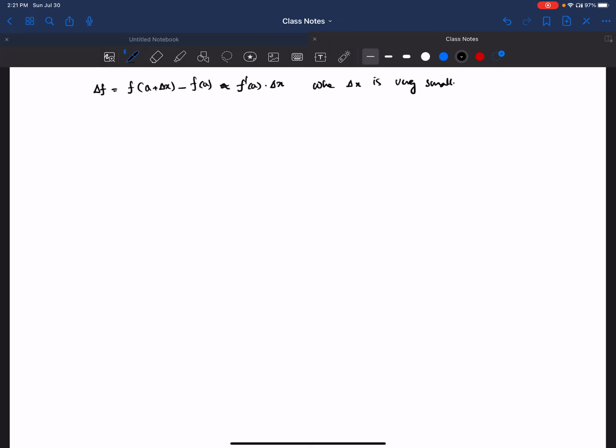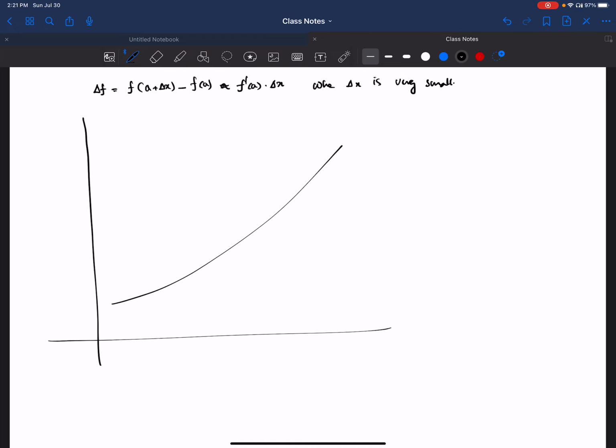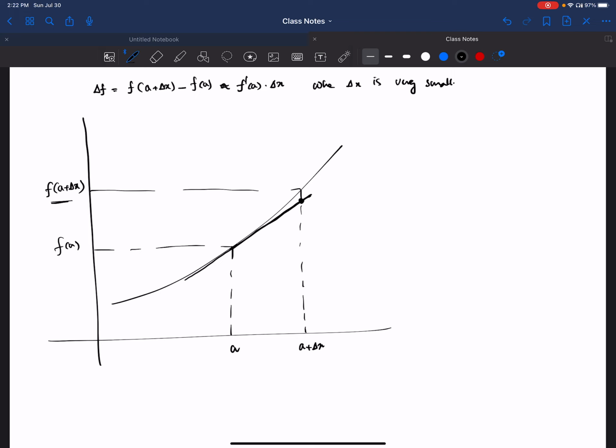If I show you this graphically again, this is the graph, and this is the tangent line, and that's a plus delta x, and this is a, and this is f of a. This is f of a plus delta x. This is what we need to find. But with that approximation, we find this value.